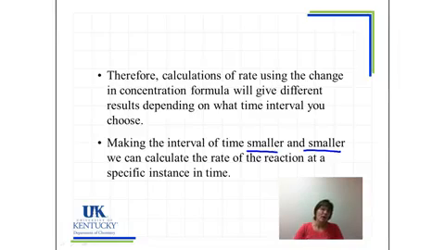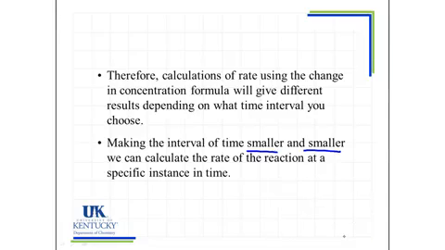But let's say you're traveling down the interstate and an officer clocks you going 100 miles an hour in that instant. Now that's an instantaneous rate, and you can't argue to the officer that over the 2 hours you're traveling, you're only traveling 70 miles an hour, therefore you shouldn't get a ticket. He knows that at that instant you're going too fast. So we can monitor a rate of a reaction over a time interval or at an instant in time.